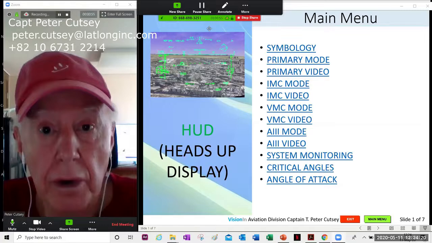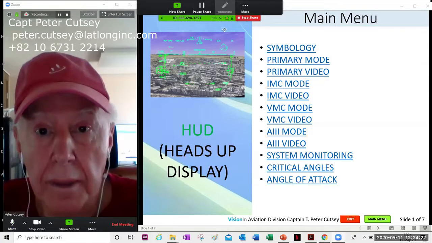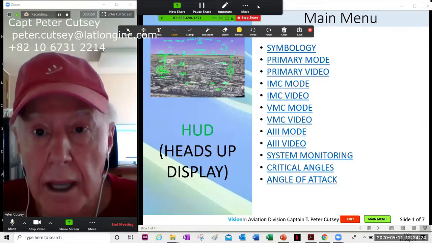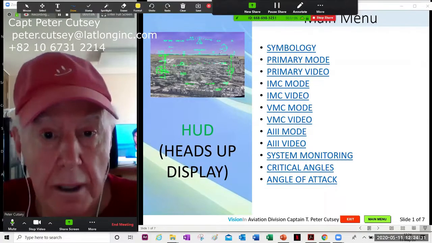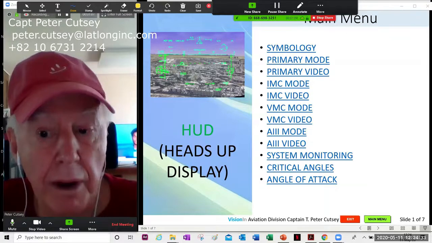Today we're going to cover HUD, heads-up display. Here's a picture on screen of the primary mode.